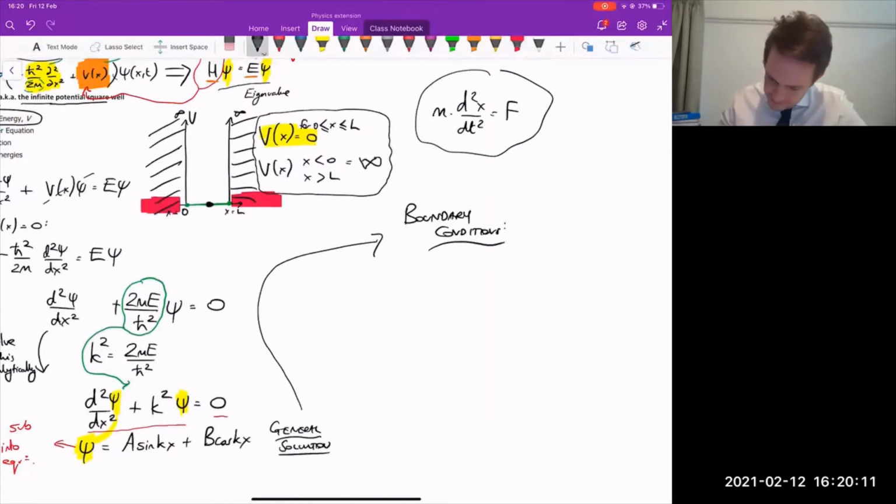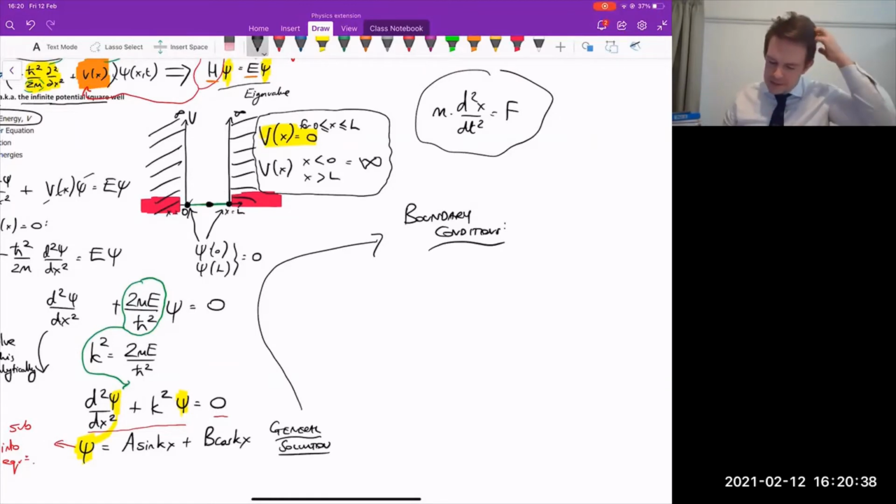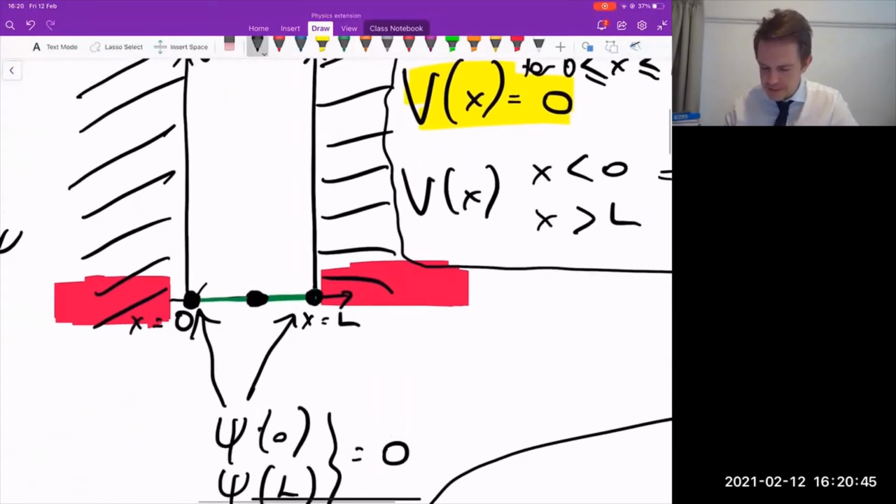So that means the wave function here and here has to take the value 0. The wave function at x equals 0, and at x equals L, both have to be 0, because whatever the wave function is in here, you have to have a 0 value at the edges. That limits us to what kind of oscillating functions we can have, if we want both ends of the wave function to be 0.